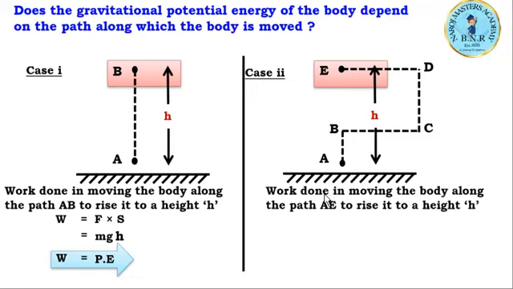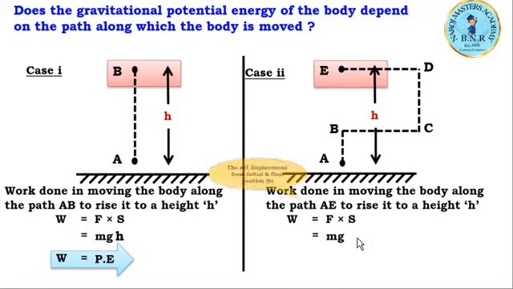So simply note down this: work done in moving the body along the path AE to raise its height h is the same as in the previous case. You can see here W is equal to F into S, where F is mg, that is mass into acceleration due to gravity, and S is displacement. Is it right?